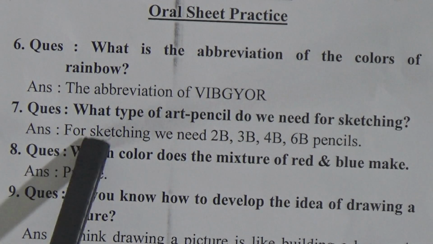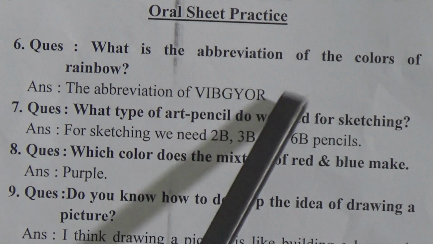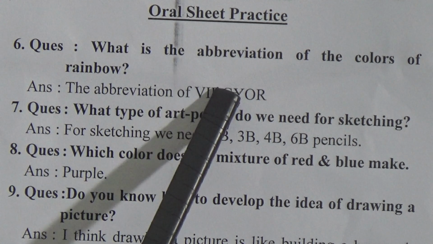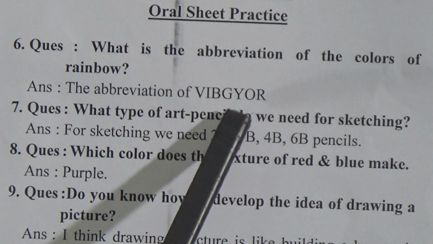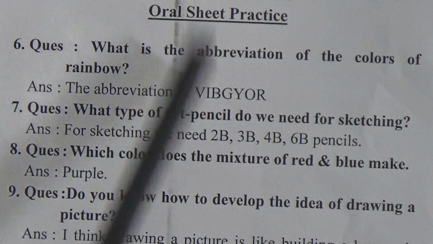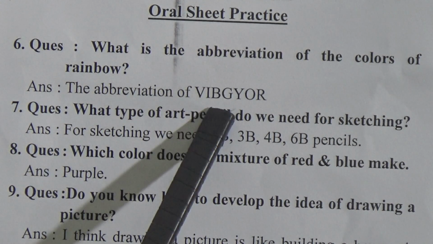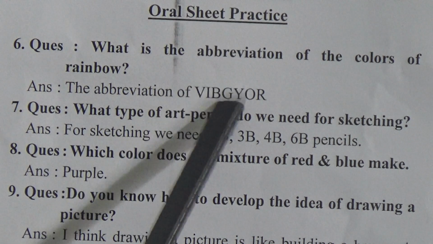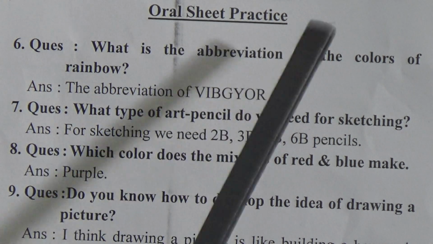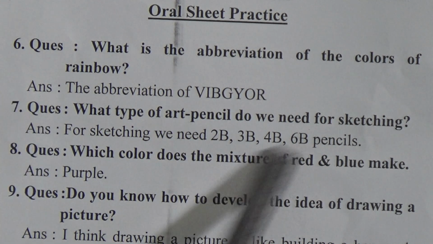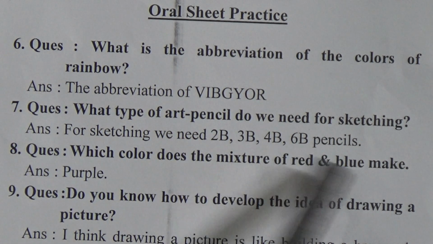Again, VIBGYOR. V for violet, I for indigo, B for blue, G for green, Y for yellow, O for orange, R for red. I hope you all understood this question.